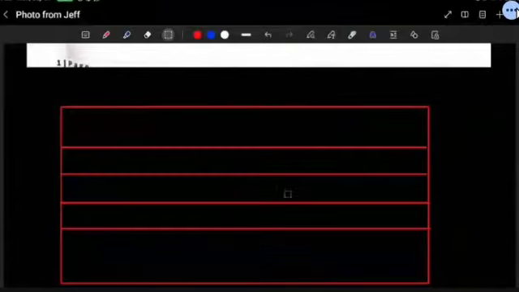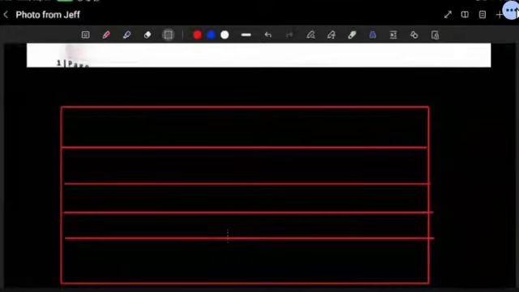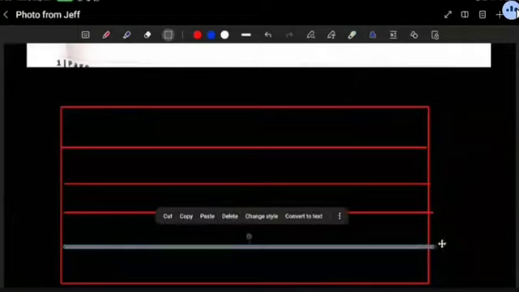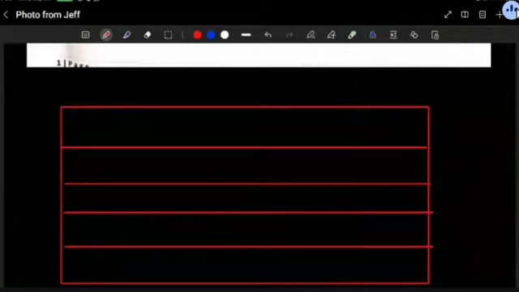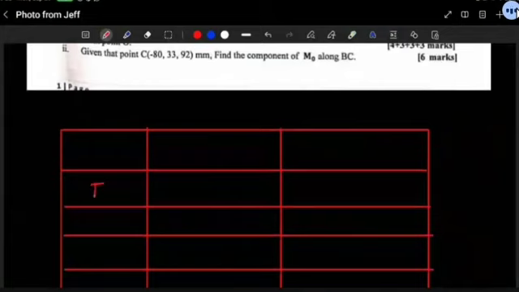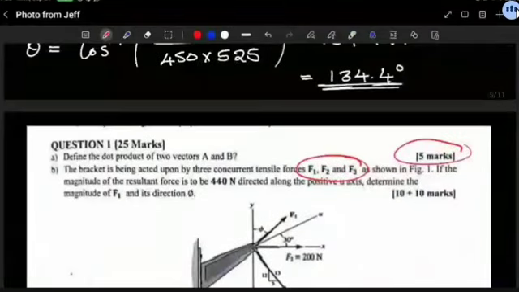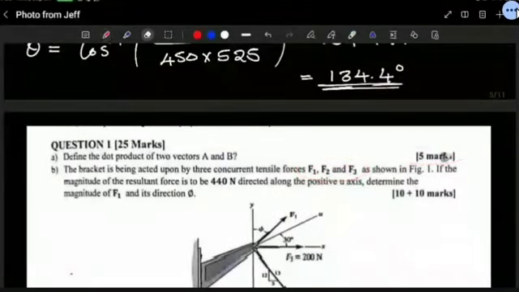So this is F1, this will have F2, and this will have F3. The resultant will be just R from the start this time around. The x components go here, the y components go there. So I'm getting one detail at a time.